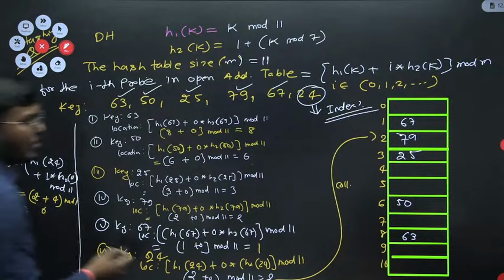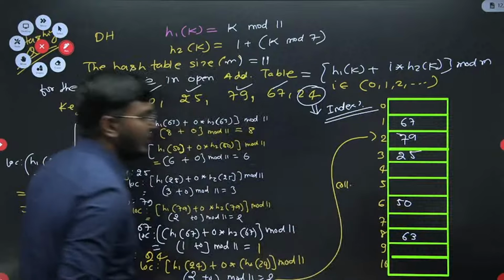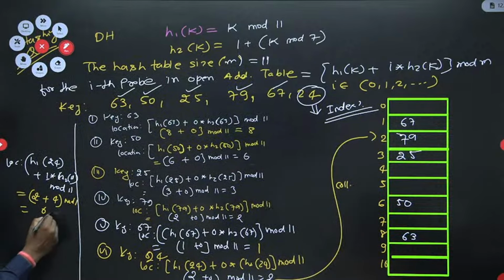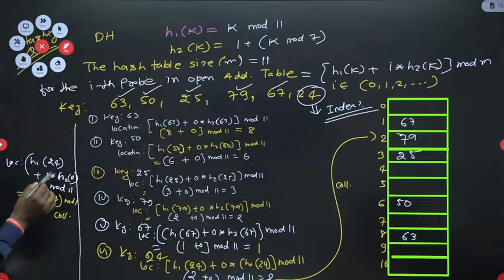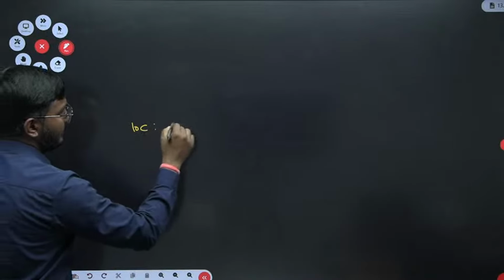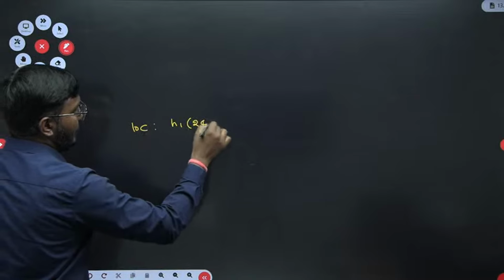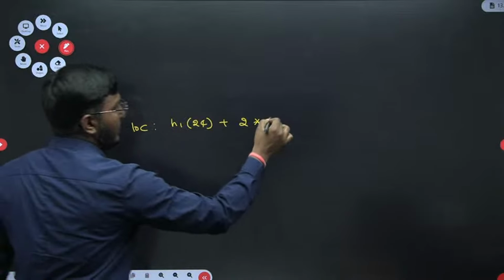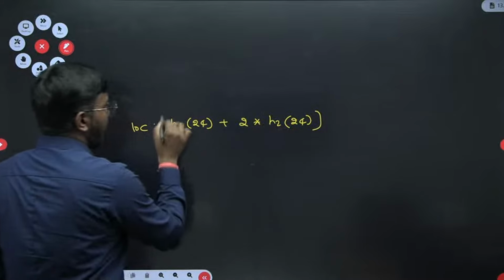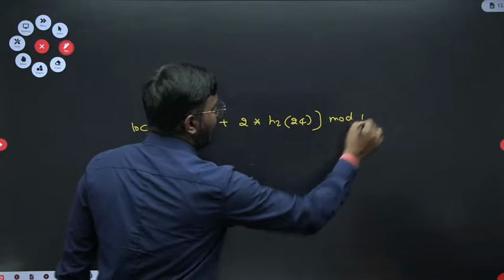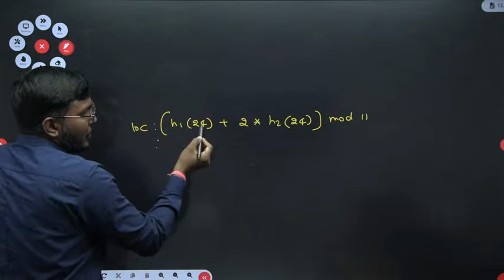If you see here, 6 is already occupied by this 50. So again there is a collision. Then what will happen here? Again we'll perform the same with i equal to 2. The location is h1 of 24 plus 2 into h2 of 24, then mod of 11. h1 of 24 is 2 only.